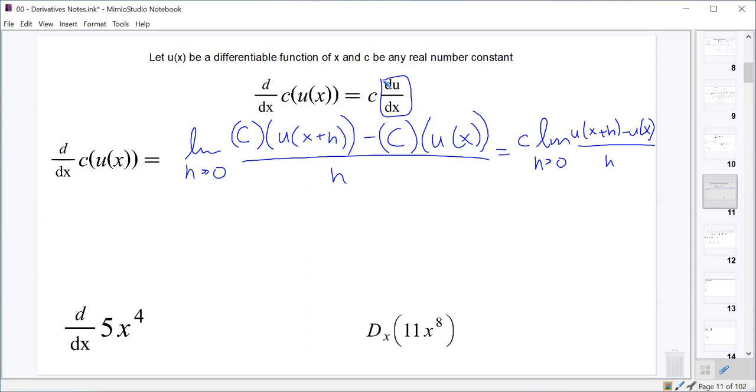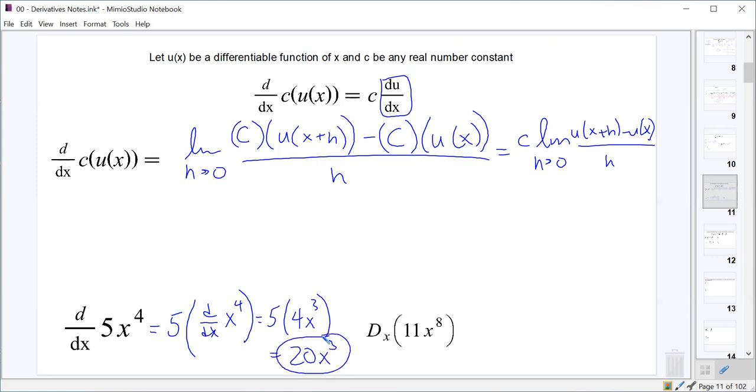So we can just multiply that constant by the derivative of u. And we don't actually have to do any extra work there. So what that means is if I have the derivative with respect to x of 5x to the fourth, that's the same as 5 times the derivative with respect to x of x to the fourth. So that would be 5 times 4x cubed, which would just be 20x cubed.